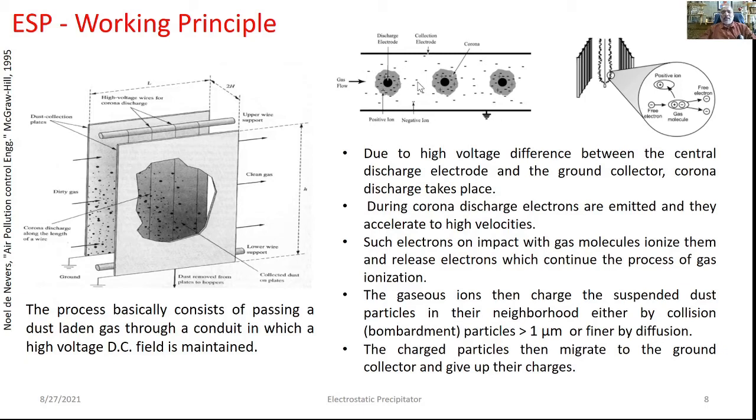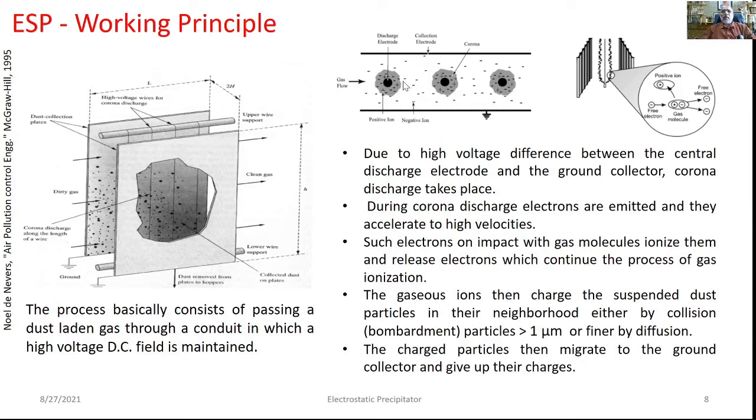It will accelerate and attain very high velocity. As it attains high velocity, it encounters a gas molecule, and as the collision occurs, this gas molecule is further ionized and lets out further electrons.